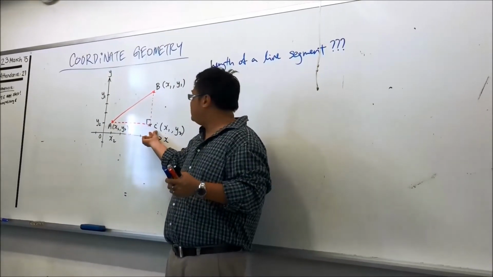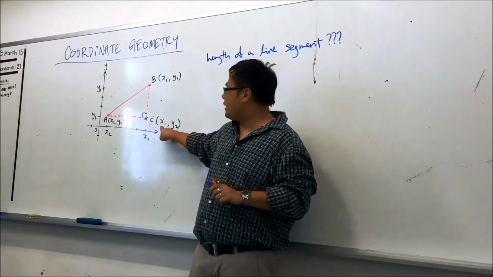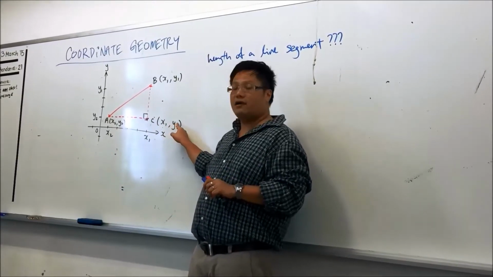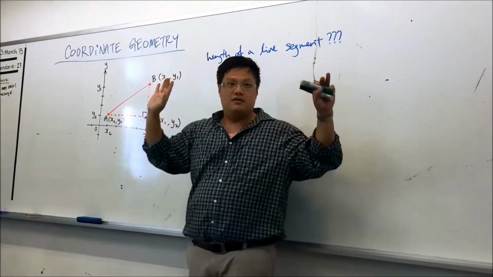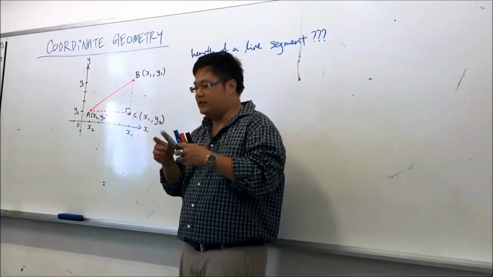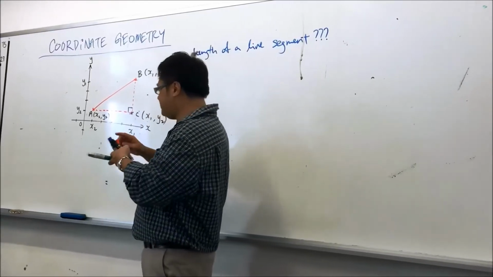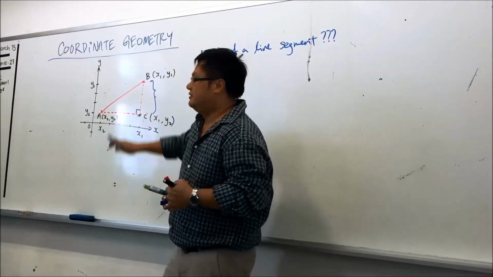So the coordinate of point C, the x coordinate must be x1. The y coordinate of C must be y2, based on this diagram.